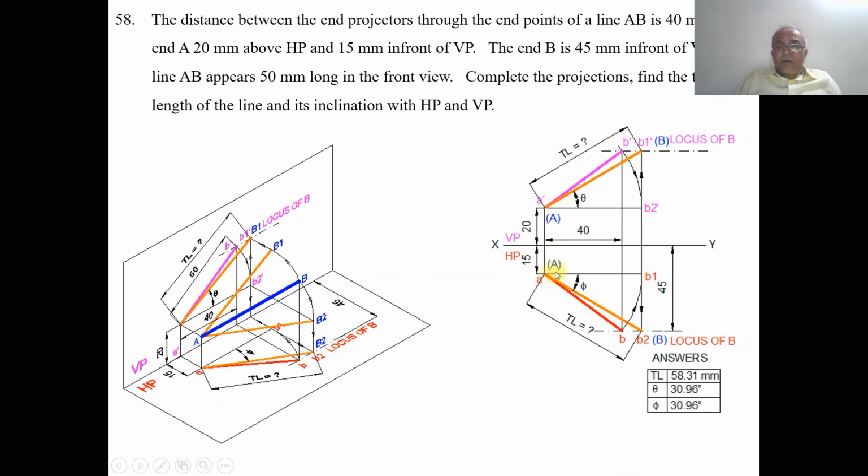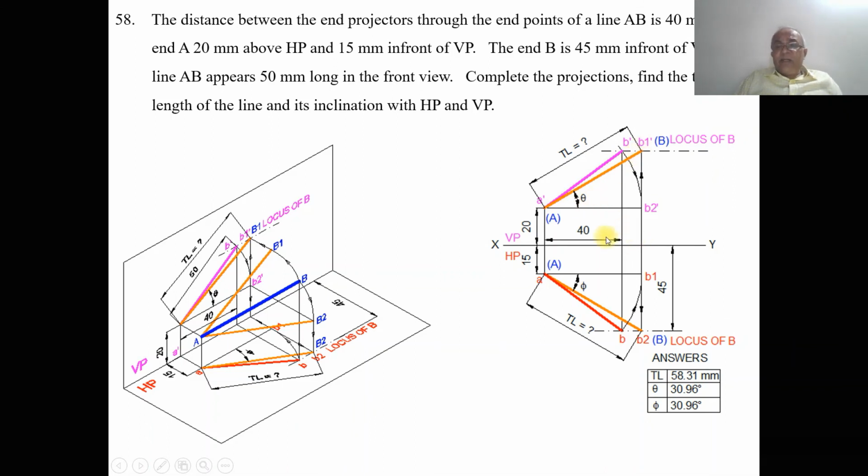As the top view line is parallel, its corresponding front view, A dash B1 dash, should be in true length. So from B1 you draw a vertical projector so that it cuts the locus of B in the front view. You mark this point as B1 dash. Then join A dash B1 dash with a dark line.